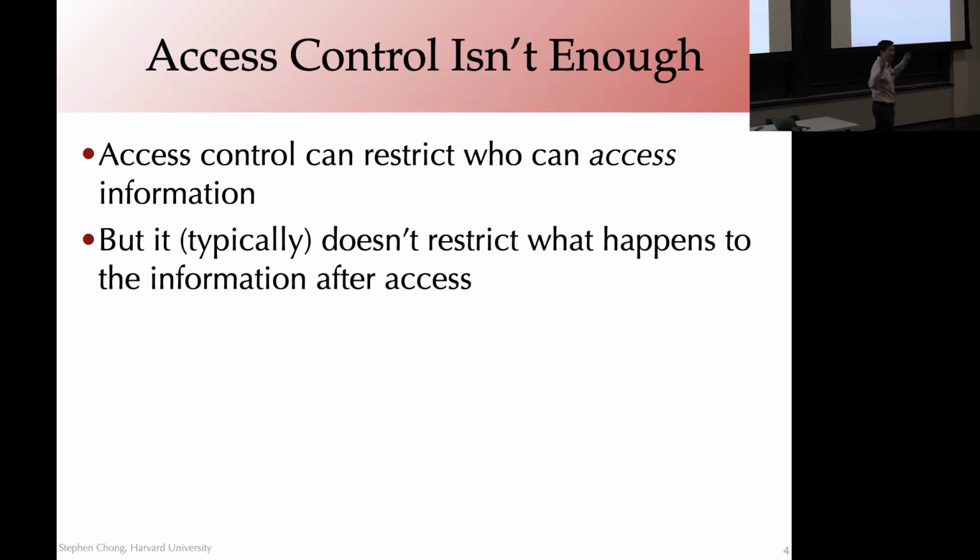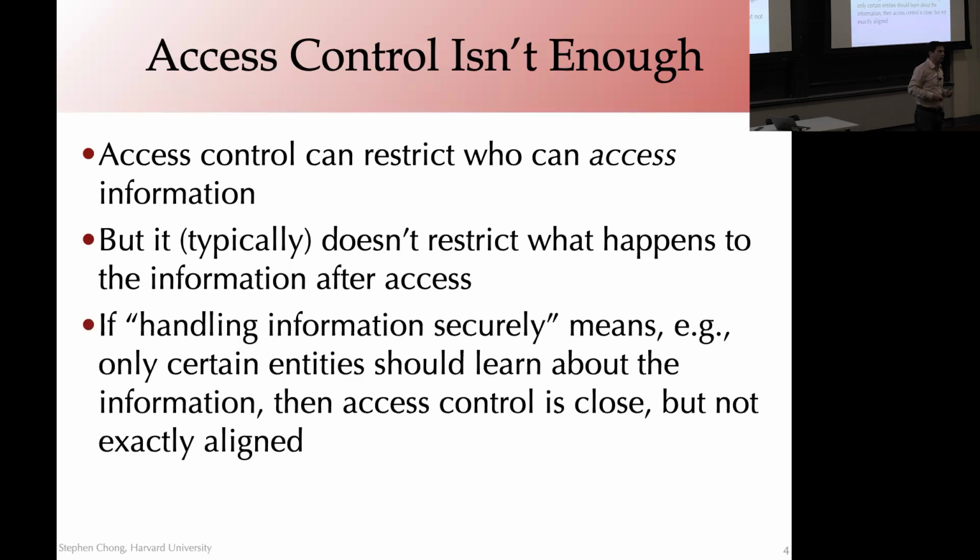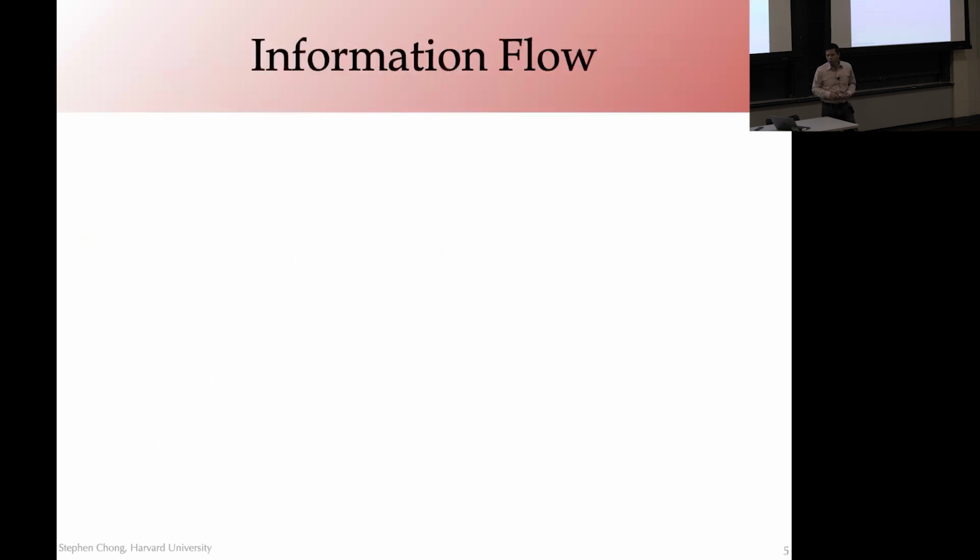And if by handling information securely, we mean that certain entities don't learn secret information, for example, then access control isn't quite right. It's getting close, but it doesn't actually directly achieve our notion of security. So that motivates the idea of information flow security guarantees.